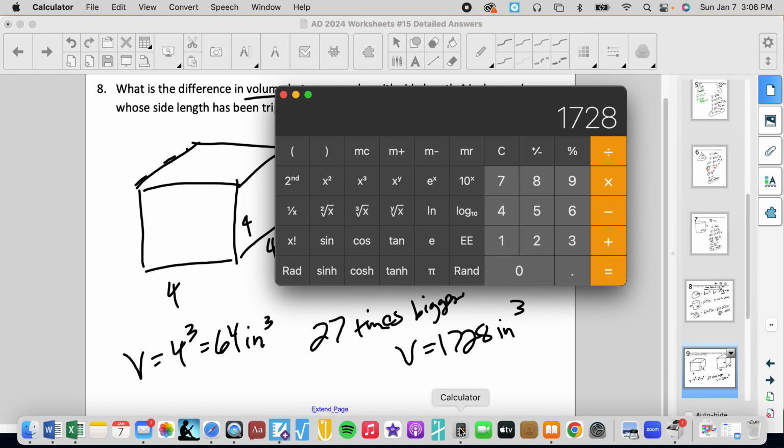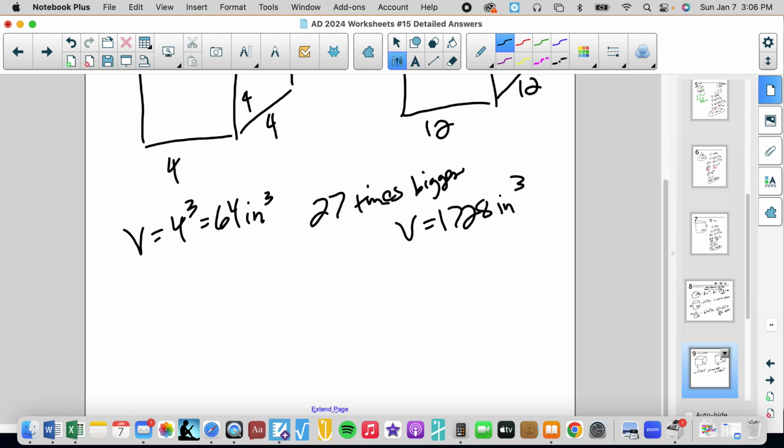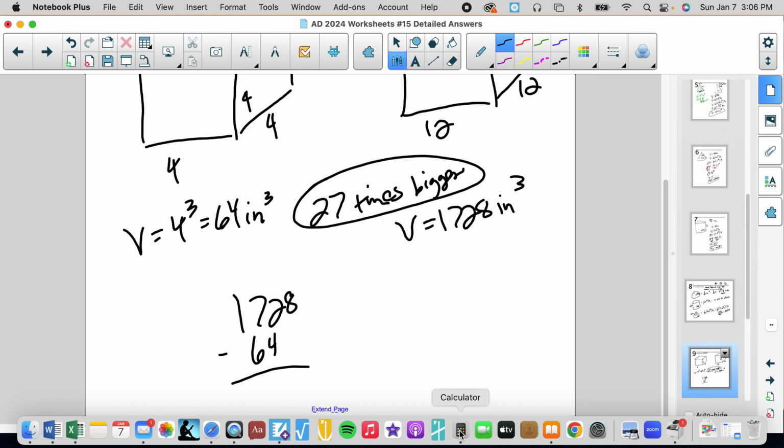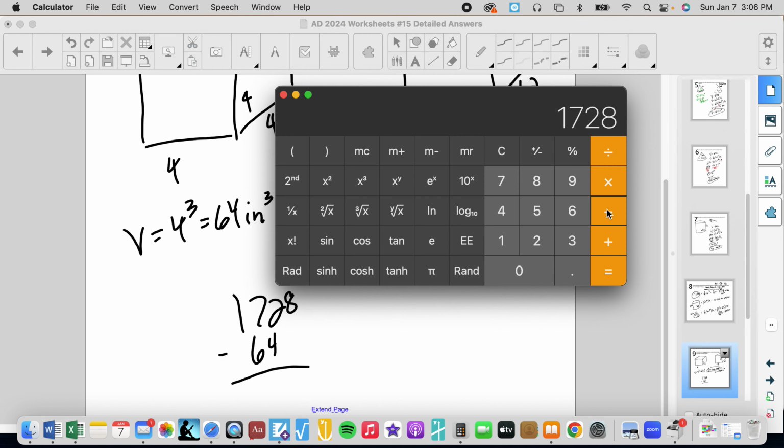What is 64 times 27? Come on, baby. 1728. Yes. So it's going to be 27 times bigger, and it is bigger by 1728 minus 64. 1728 minus 64 gives us 1664.